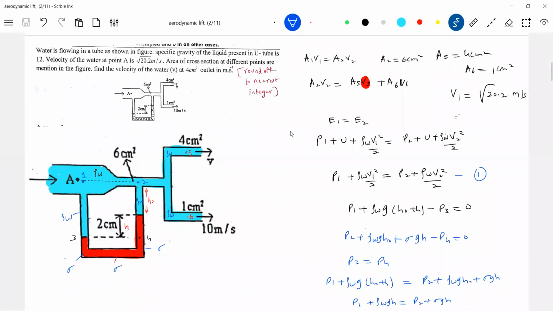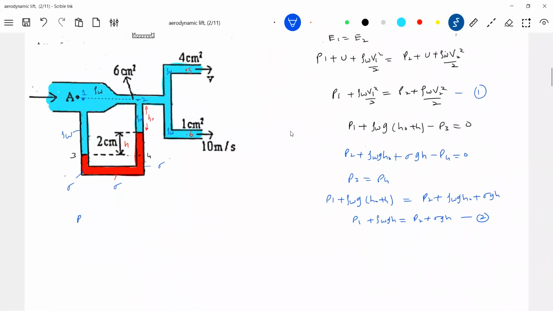That's equation 2. Do we know P1 minus P2? Yes, substituting 2 in 1, we know V1, so we'll get V2.